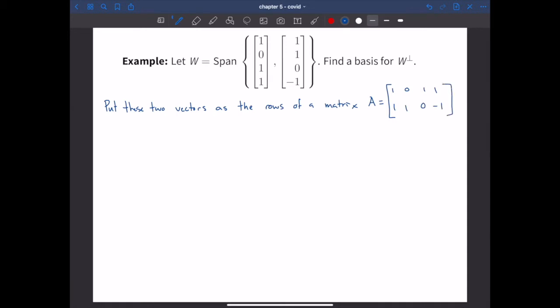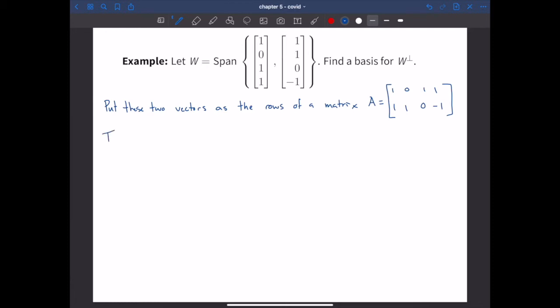Okay? Now, the reason we did this is because if I just give you any old subspace here, we don't really have any tools for finding the orthogonal complement of W. But by taking these two vectors and putting them as the rows of a matrix, now we're able to identify the subspace W with something we recognize.